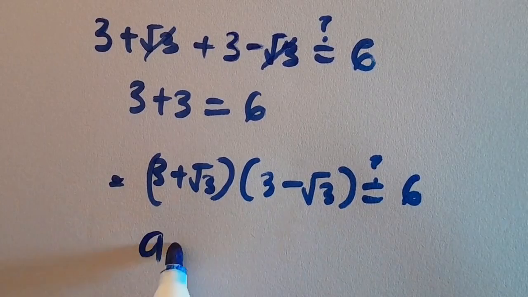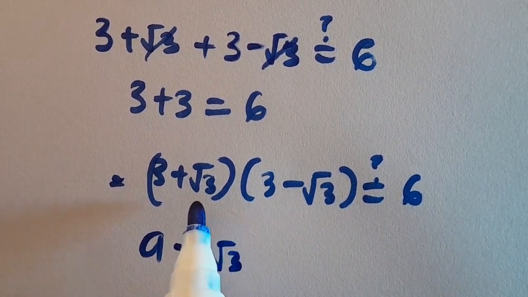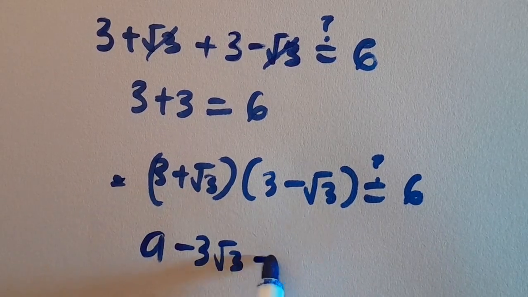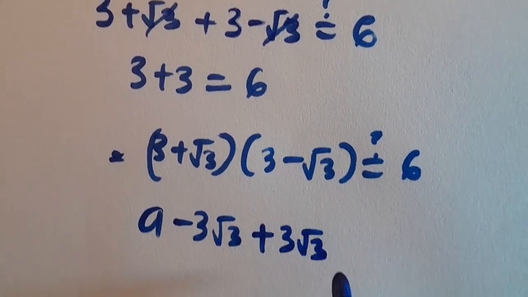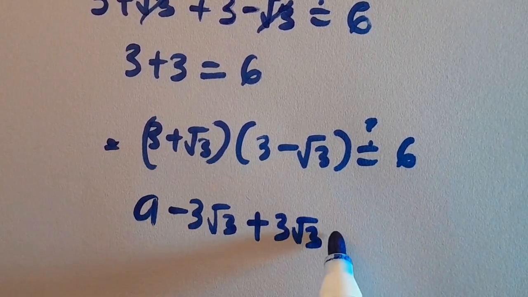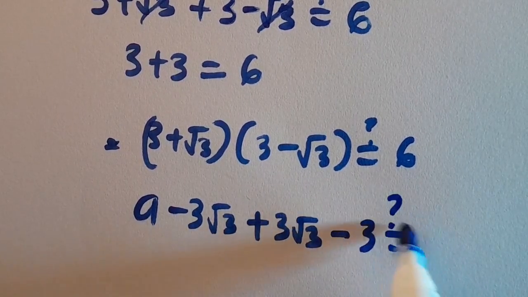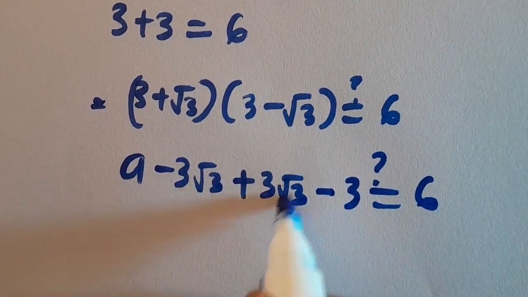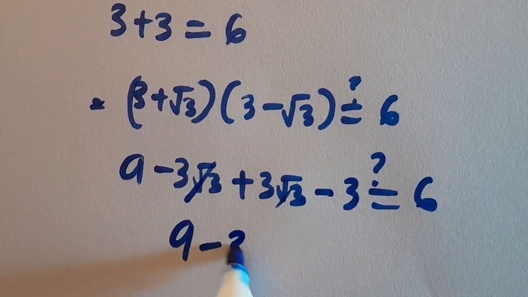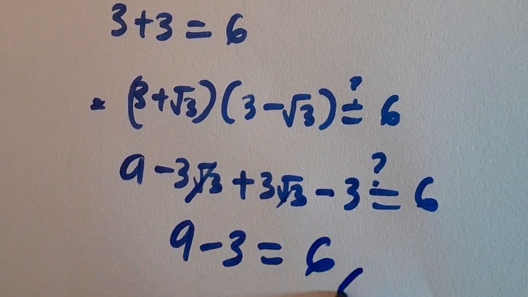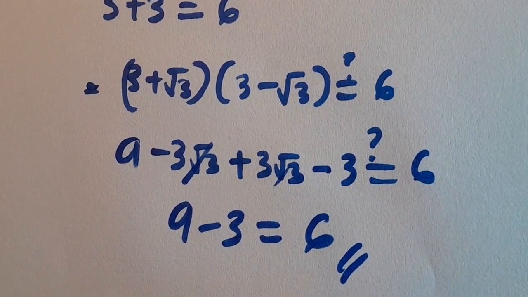This times this will give us 3 minus root 3. This times this will be 3 plus root 3. This times this will give us minus 3. Then it's going to give us 6. This and this will cancel. 9 minus 3 equals 6. So this is also true for the value of x.